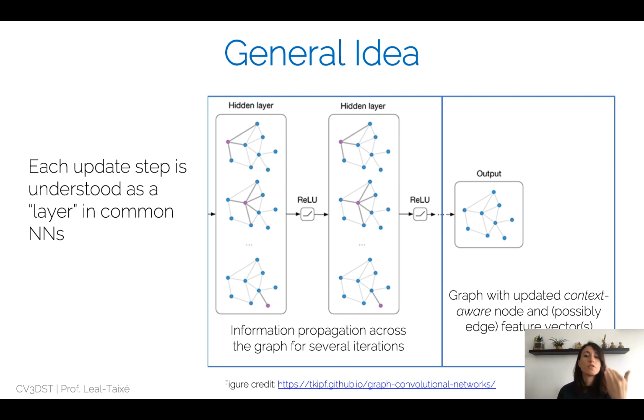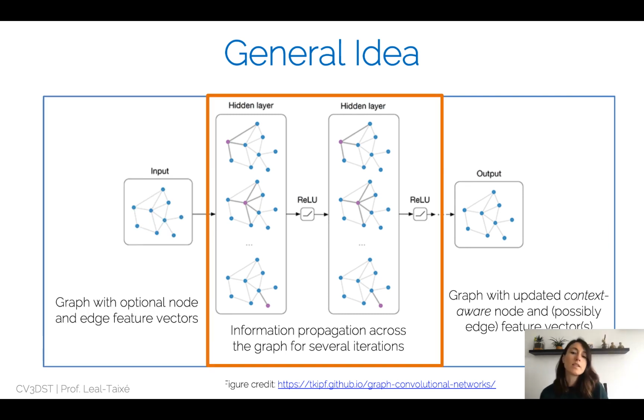So after these information propagation steps, what you actually have in the output is a graph which has updated context-aware node and also possibly edge feature vectors, which essentially means that I haven't really made any decision here yet. All I have done is update the feature embeddings of my nodes and of my edges with information from my neighbors.